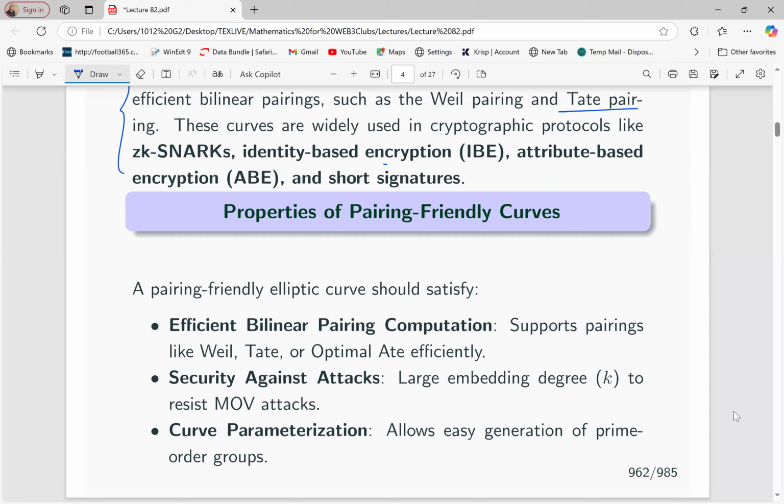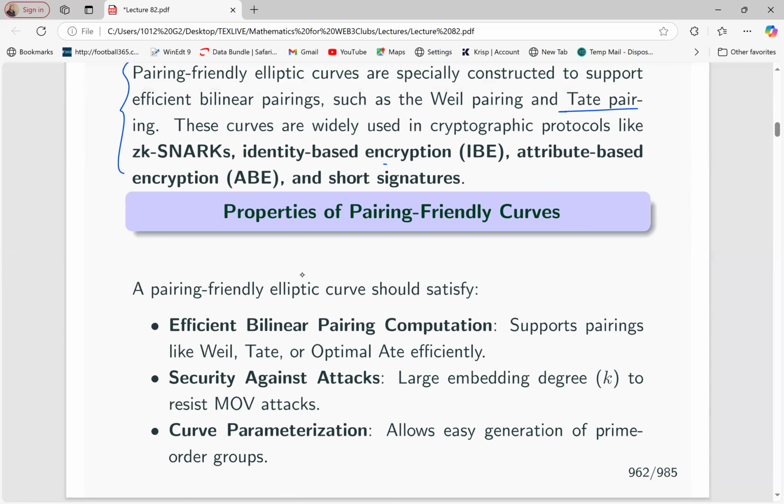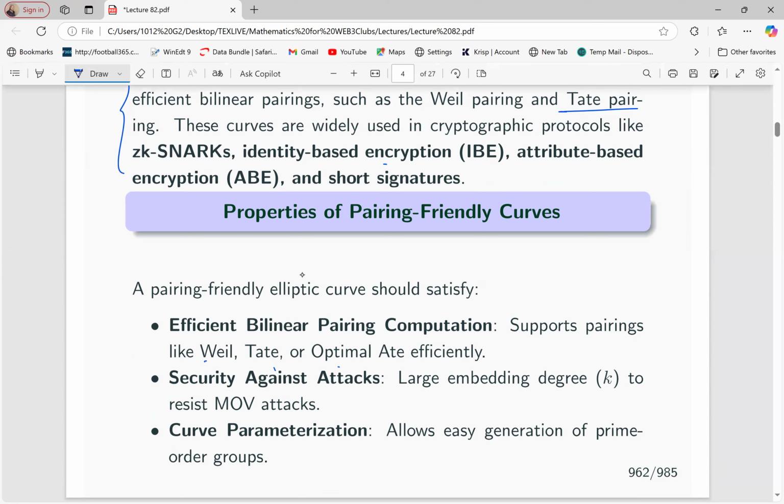So again, we revisit properties of pairing-friendly curves. One, they should support pairings like Weil, Tate, and optimal efficiently. In short, we've talked of bilinear pairing.